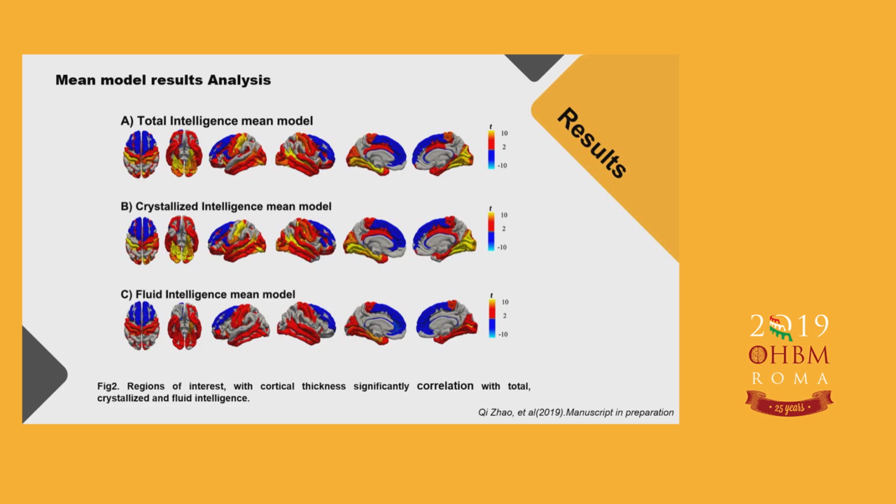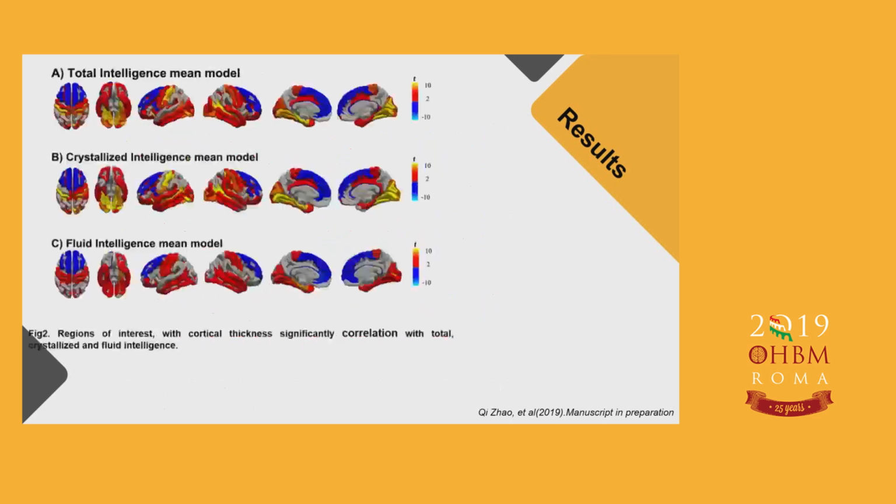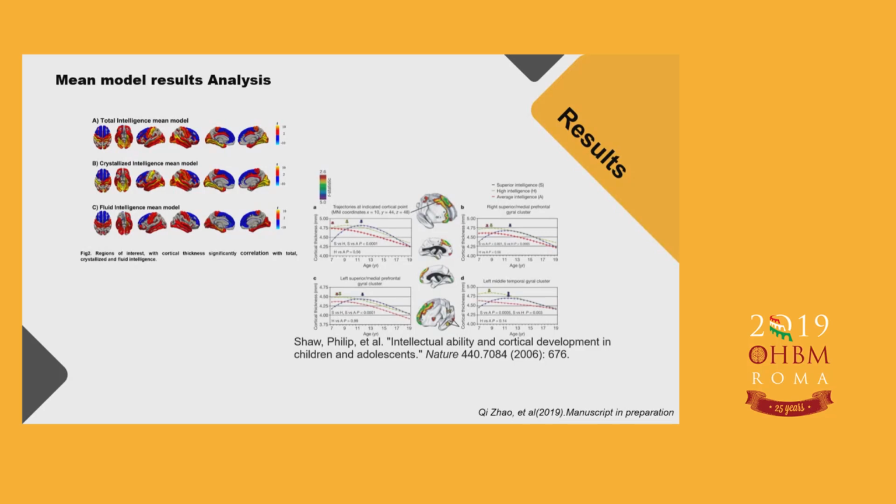However, some frontal regions, such as superior frontal gyrus, middle frontal gyrus, and paracallosal sulcus thickness, are negatively associated with intelligence. This result is consistent with Zhao's Nature paper.